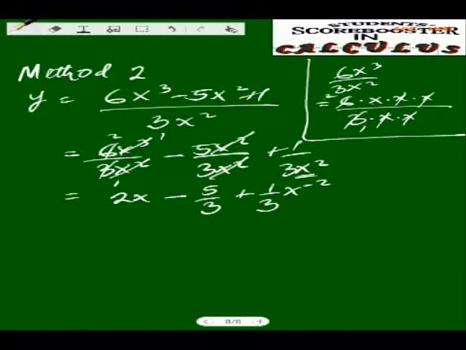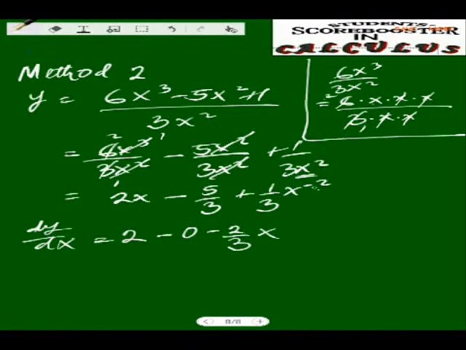I just need to apply the derivative of polynomial in my second video, if I can remember very well. So the dy/dx will be equals to, you see, 2x, if you differentiate this one you have 2, minus differentiate this one is 0 because it's a constant, and if you differentiate this one, it's going to be minus 2 times 1 over 3, that will be minus 2 over 3, and x to the power minus 2 minus 1 is minus 3.